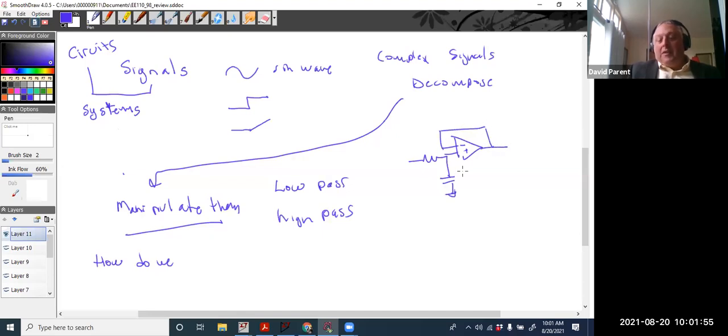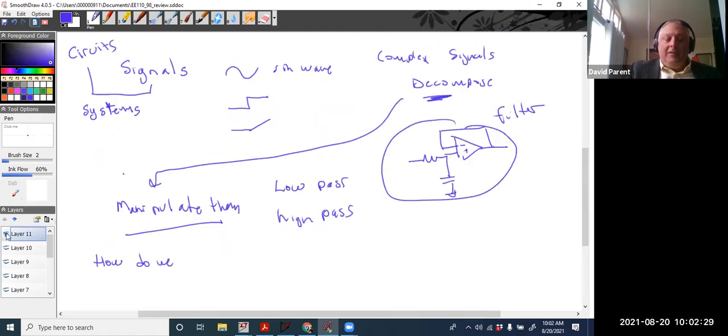That's an op amp circuit. This might have been something covered in year 98. We'll do this and learn more advanced techniques of filters. So we decomposed it, how are we going to manipulate them? Here's a filter.